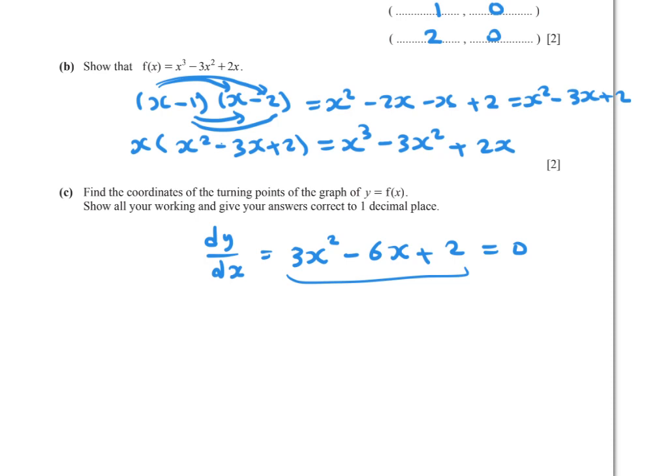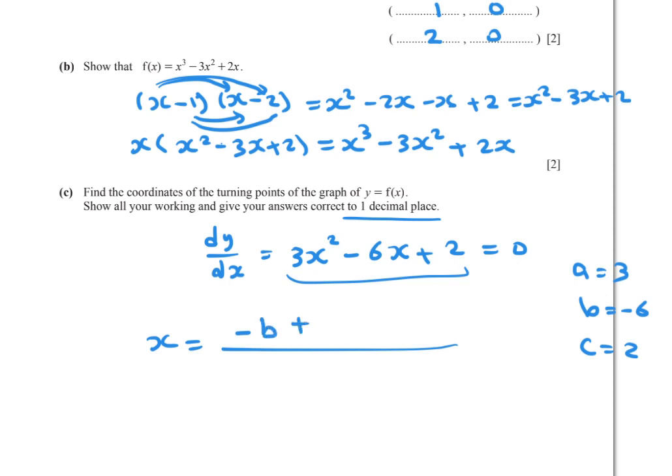You can solve using the formula because the answer is correct to one decimal place, so you cannot factorize. So a equals 3, b equals negative 6, c equals 2, and x equals negative b plus or minus the square root of b squared minus 4ac, over 2a.